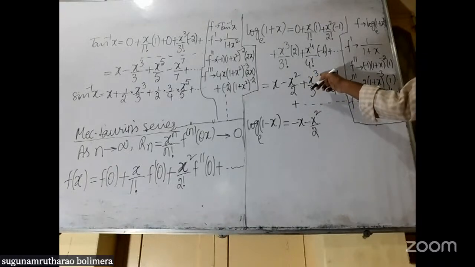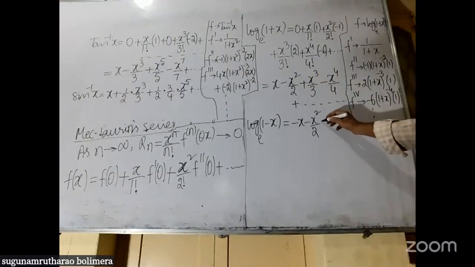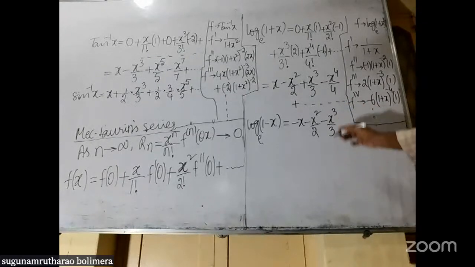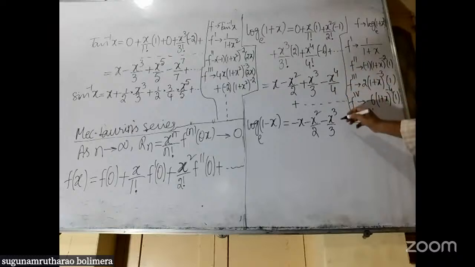Here minus x whole cube, minus x cube by 3. Again minus x whole power 4, minus x power 4 by 4 plus and so on. All are negatives. Log of 1 minus x to the base e is nothing but all negatives. Make it fast.